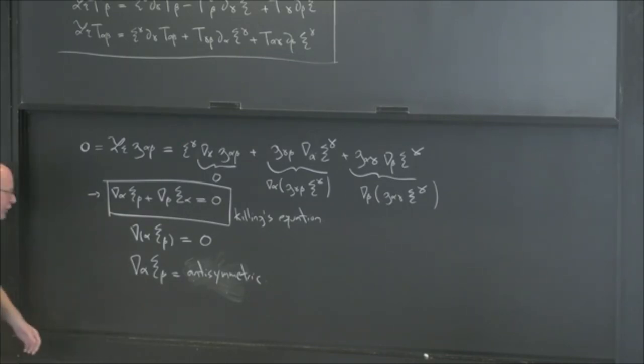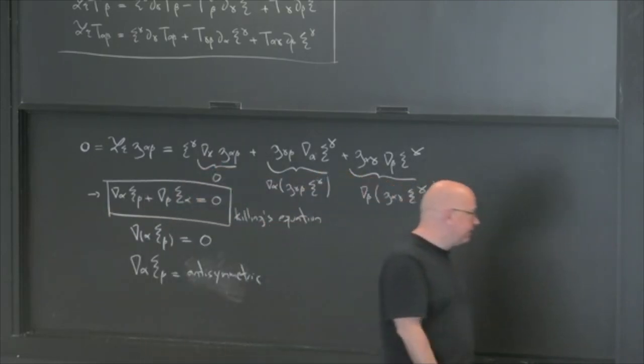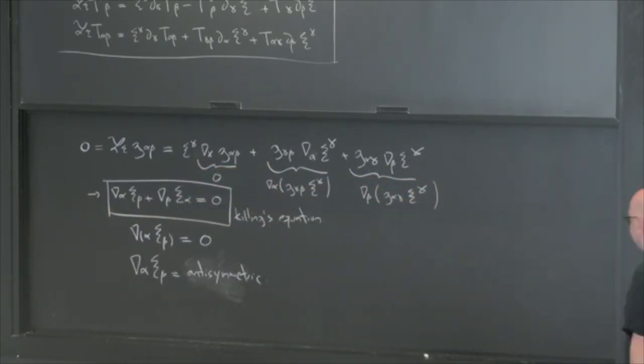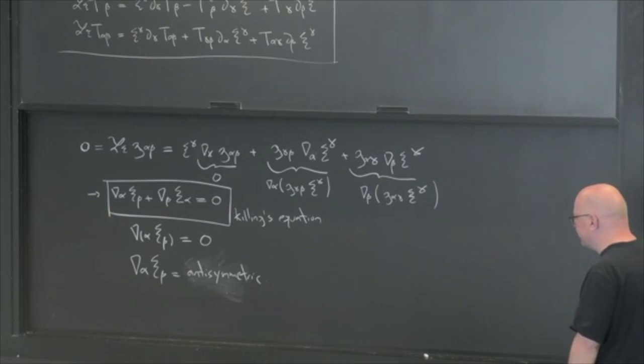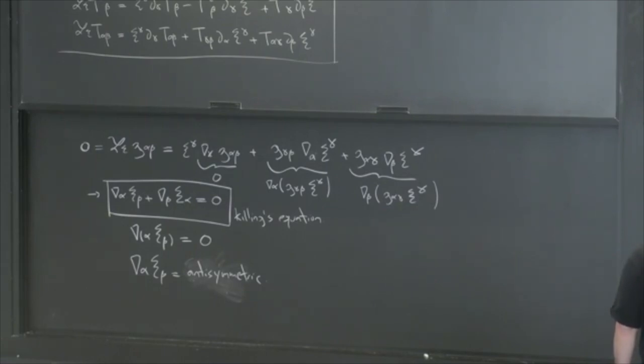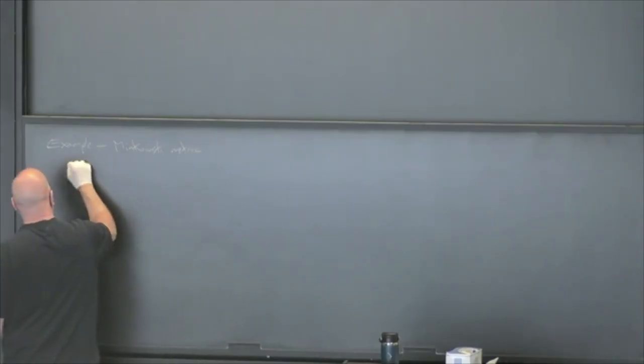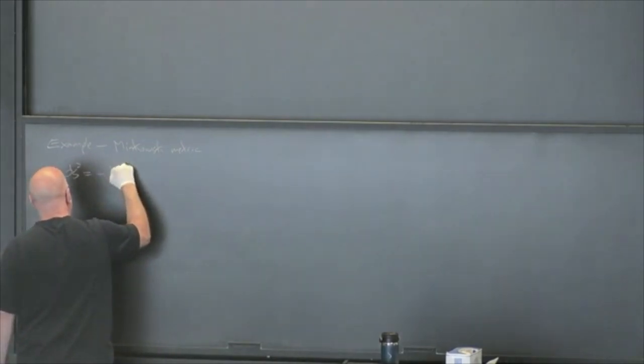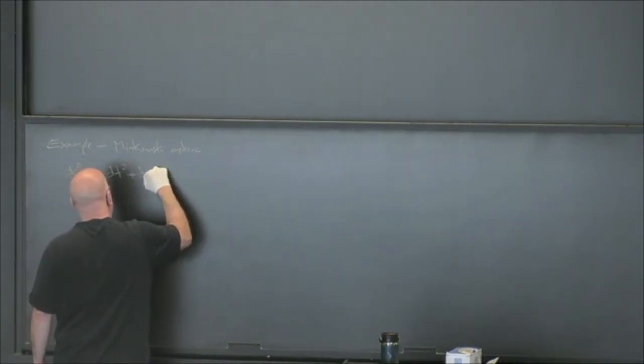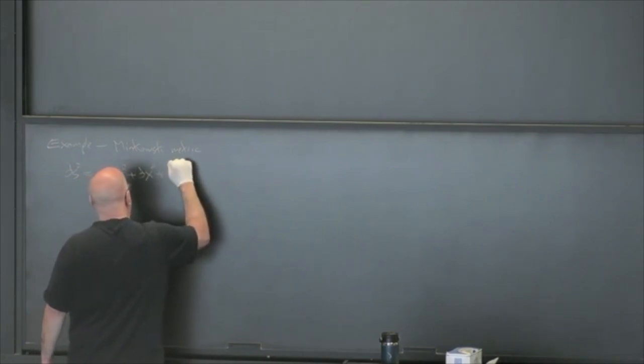Okay, so all of that is the math. We might look at a couple of examples just to see how that works. So if we look at the Minkowski metric, that's clearly the simplest metric we can imagine.